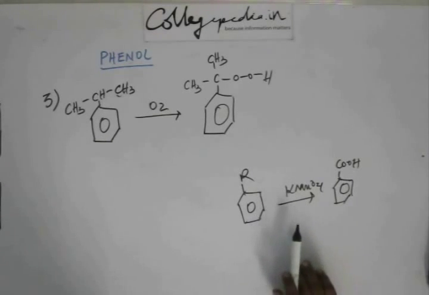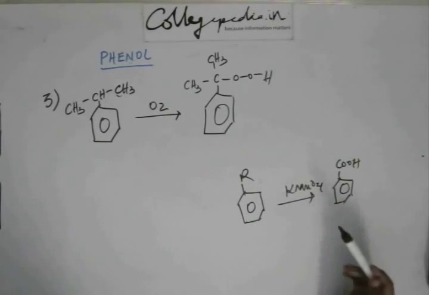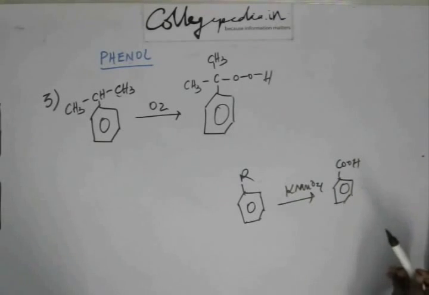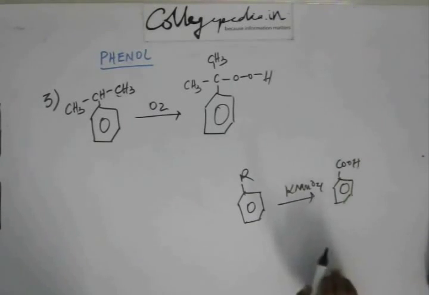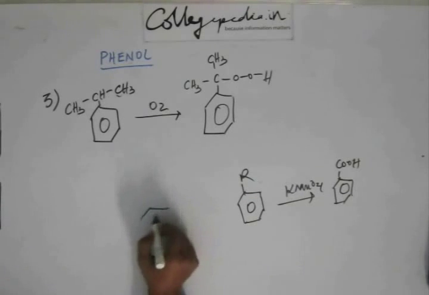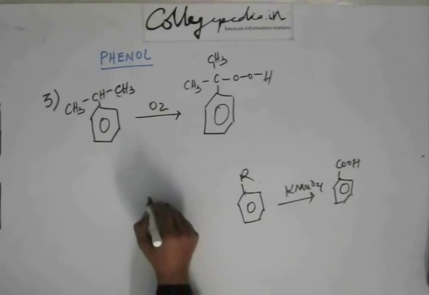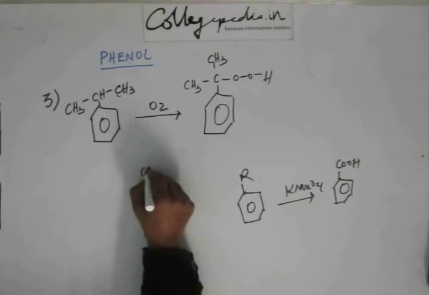The chapter on carboxylic acid comes after phenol, and in that chapter we'll also study this reaction as a method of preparation of carboxylic acid. So let me quickly recapitulate.